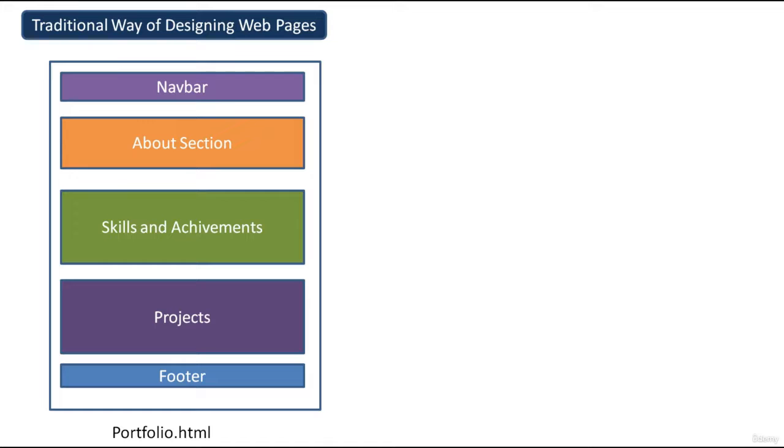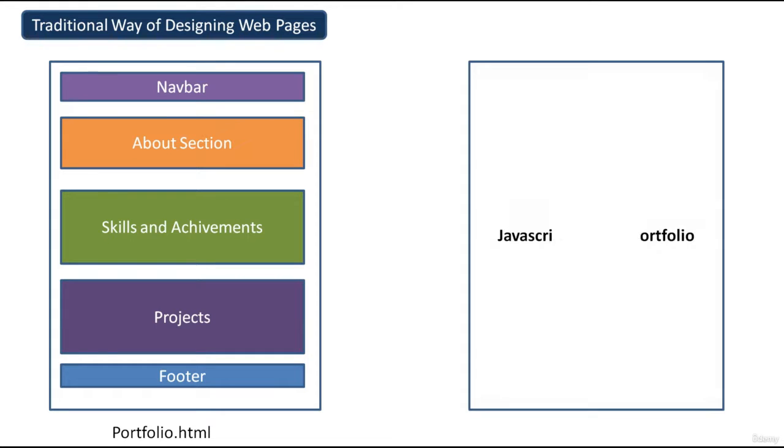And if you want to perform any interactions on this portfolio.html web page, we have to create a portfolio.js JavaScript file. In this, we have to write all the JavaScript code related to the elements present in the portfolio.html file. This is the portfolio.js file.